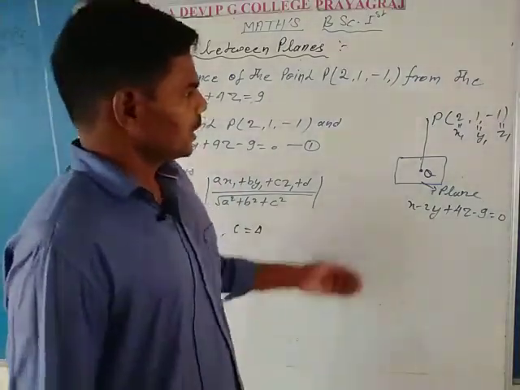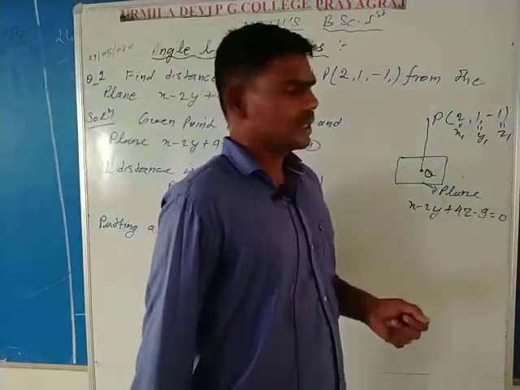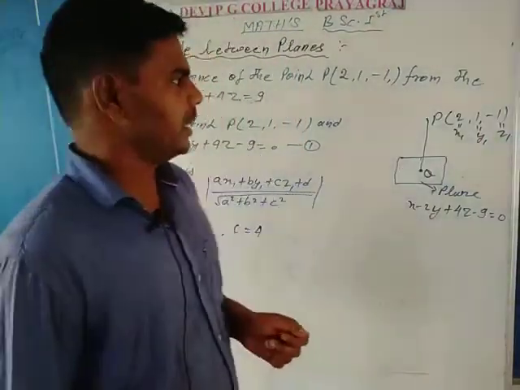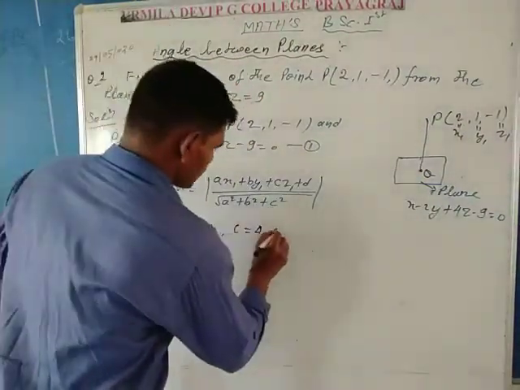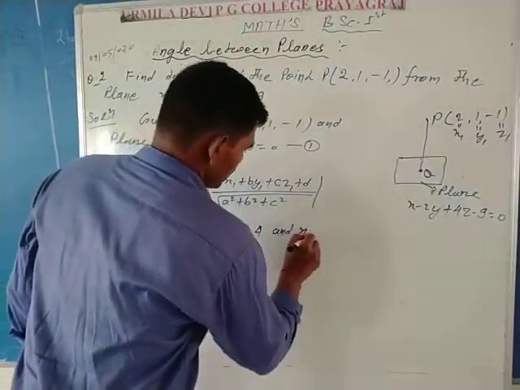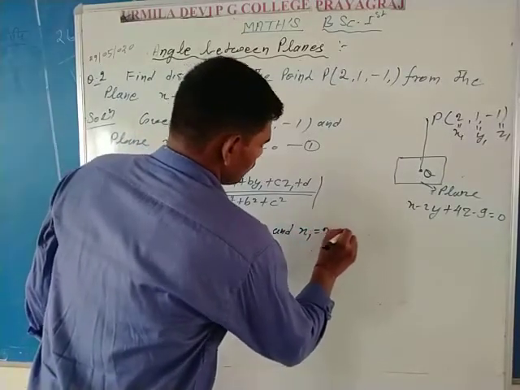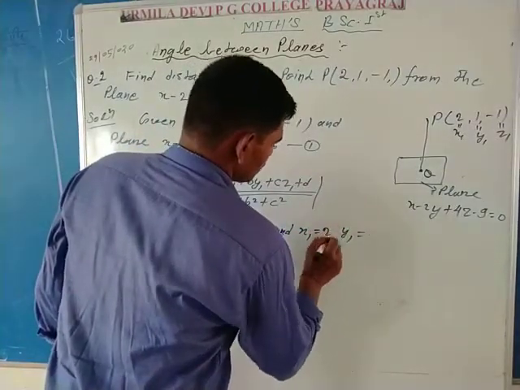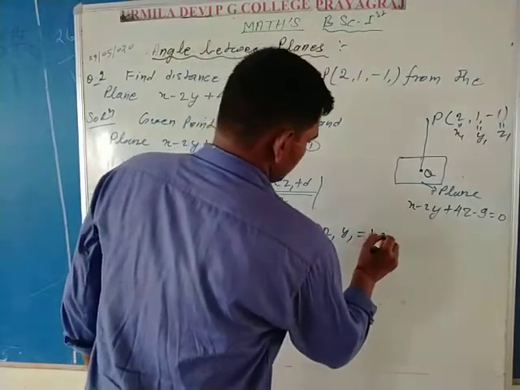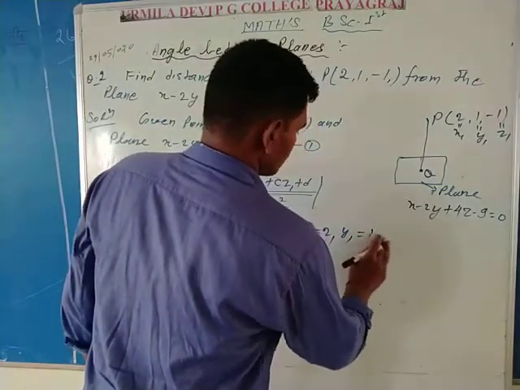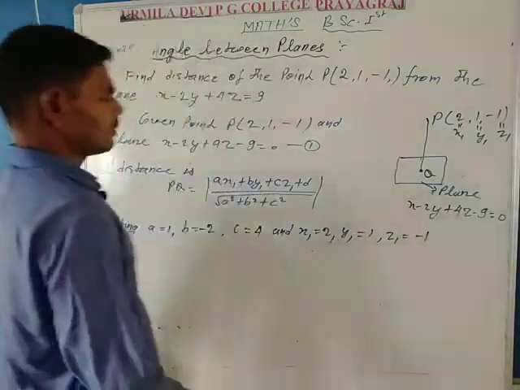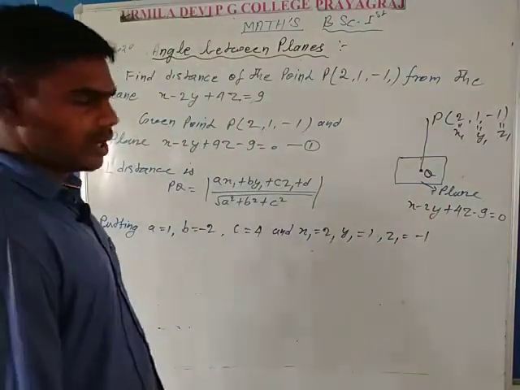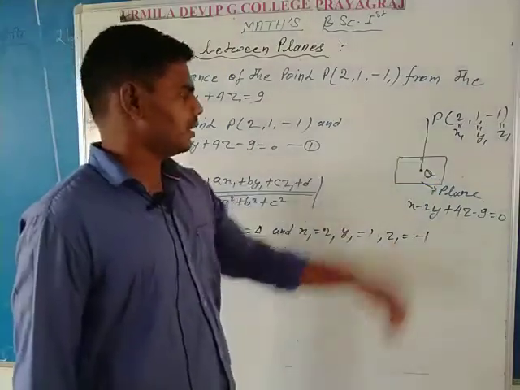Now x1, y1, z1 are the coordinates of the given point P. So x1 is equal to 2, y1 is equal to 1 and z1 is equal to minus 1. These are the values of the coordinates of the given point P.